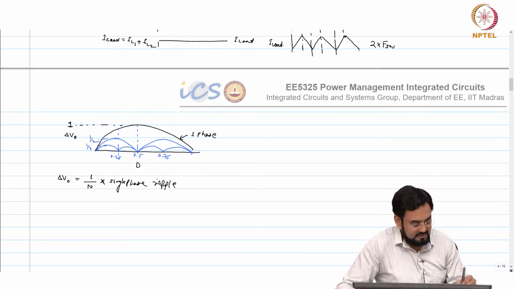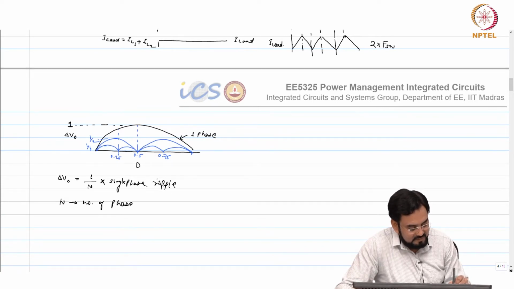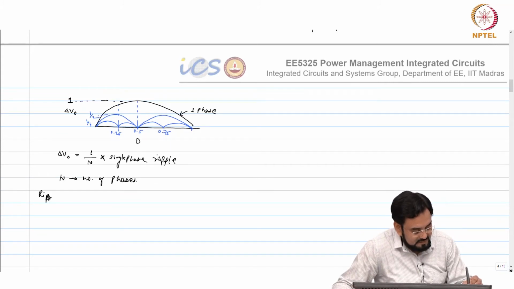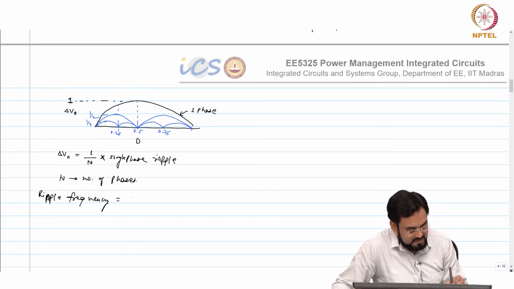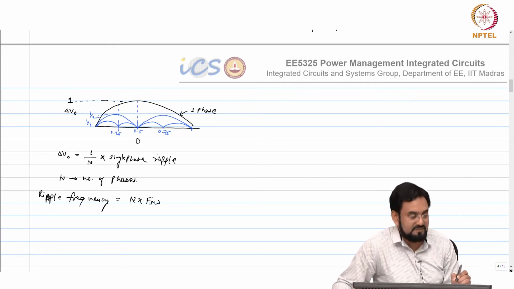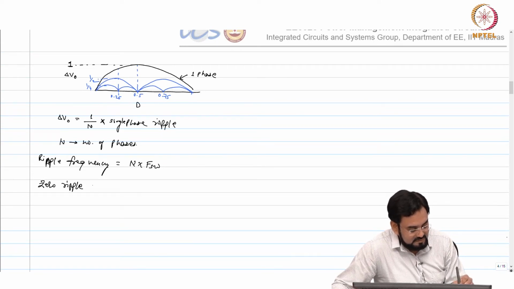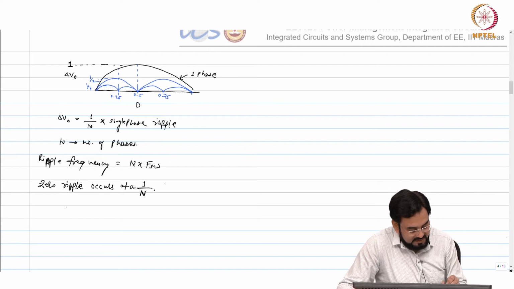Okay, n is number of phases, and ripple frequency is n into FSW, and 0 ripple occurs at 1 over n, 2 over n, so 0.5.